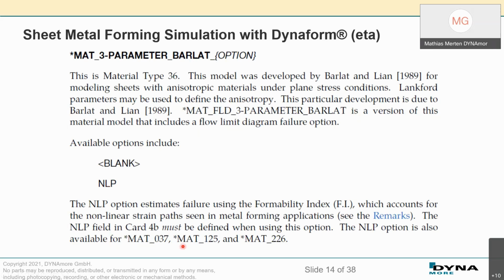You can see it is also available for different materials. This takes into account nonlinear strain paths, as the FLC is usually obtained for linear strain paths, but you do not have linear strain paths in forming. Usually you have everything, and this formability index is an indicator for such cases.